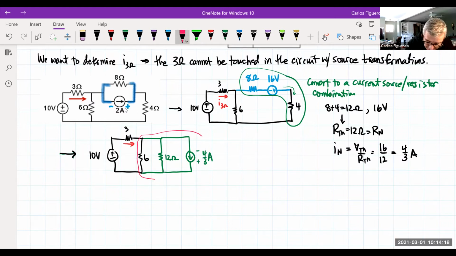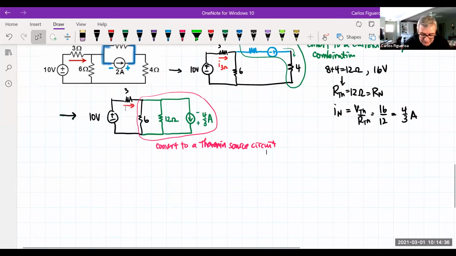Okay, so now if that's the case, you can see that I can convert these guys in here. In this case, what am I going to do? I'm going to convert to a Thevenin source circuit. So if I do that, we can see that 6 and 12 must be a 4 ohm resistor, right? It's got to be a 4 ohm resistor.